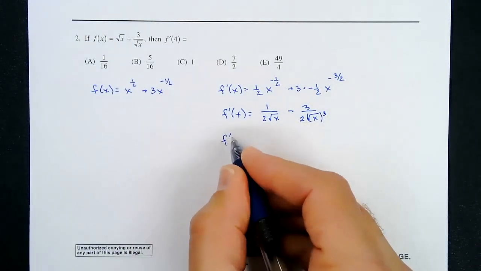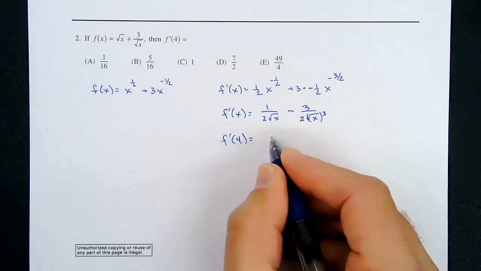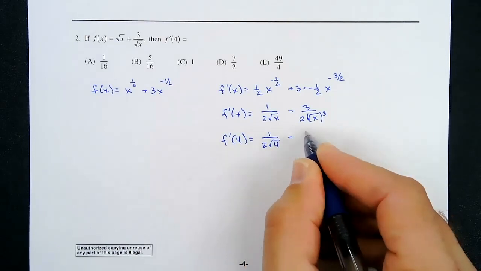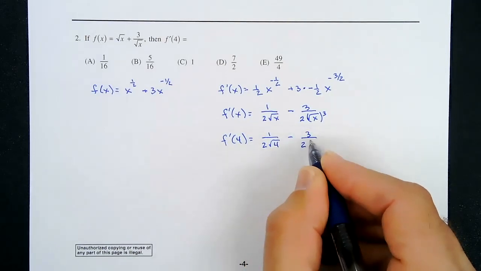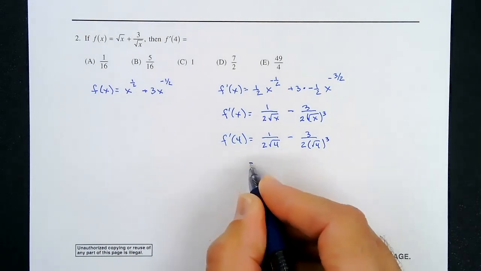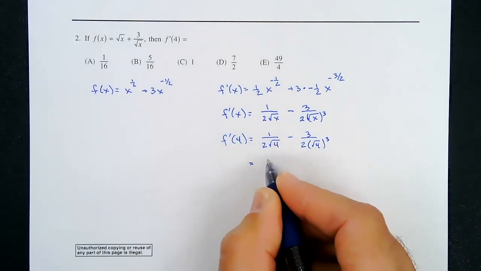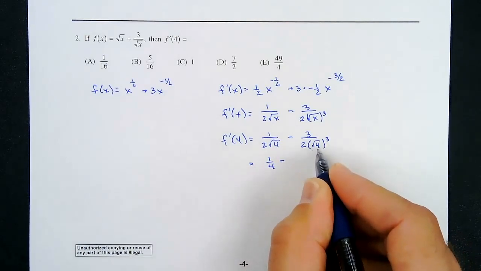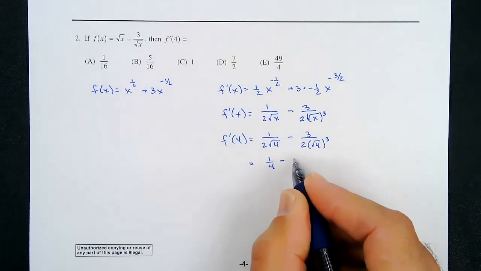So then f prime of 4 would be 1 over 2 square root of 4 minus 3 over 2 the square root of 4 cubed. And so this would be 1 over 2 times 2, so that'd be 1/4, minus 3 over, that'd be 2, and 2 cubed is 8, so 3 over 16.